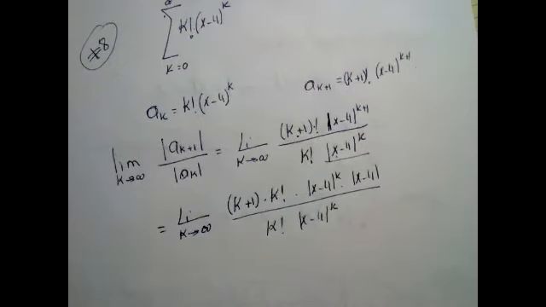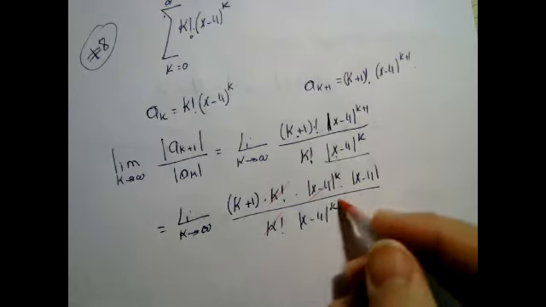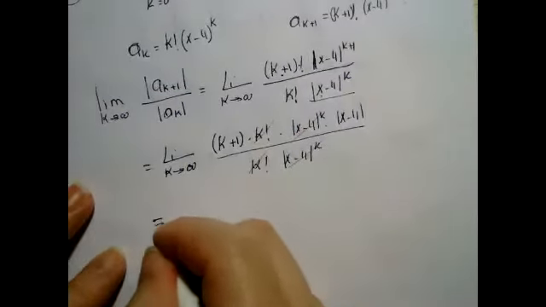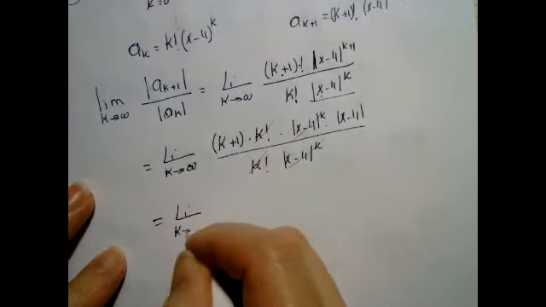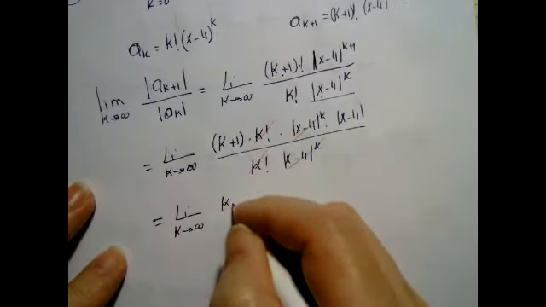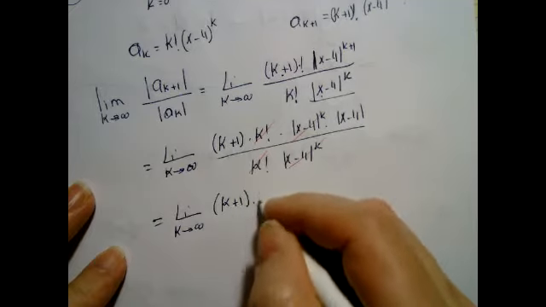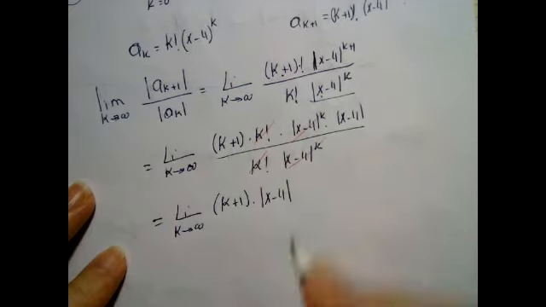Now we simplify: the k factorial and the powers of (x minus 4) cancel, so I have the limit of (k plus 1) times (x minus 4).